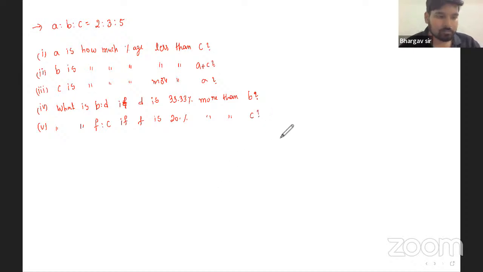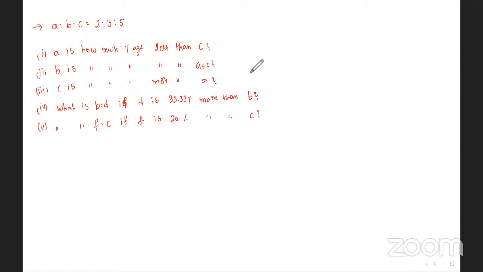Try this. Cool Rishit, cool Shanal, cool Praket. Cool Rishit.